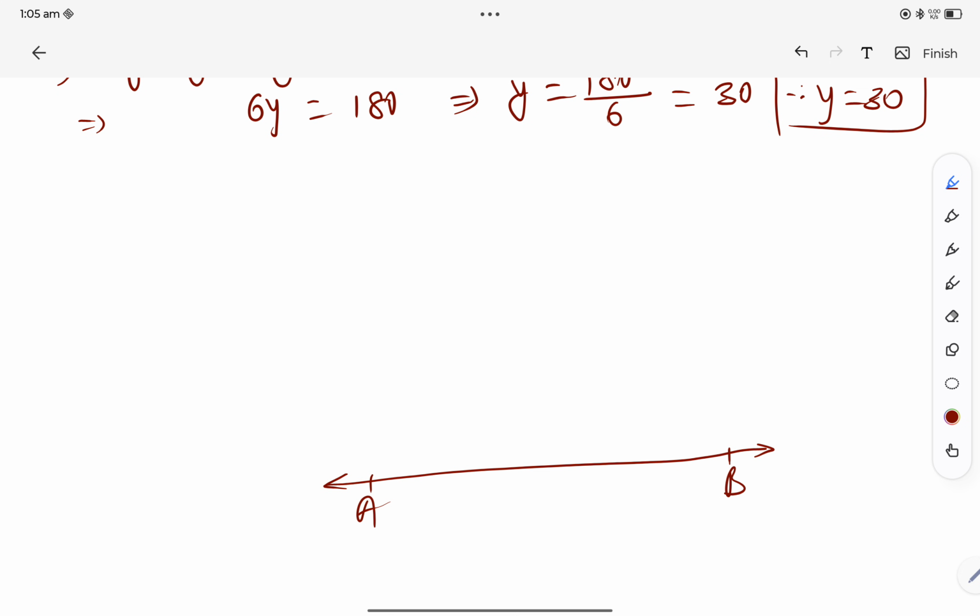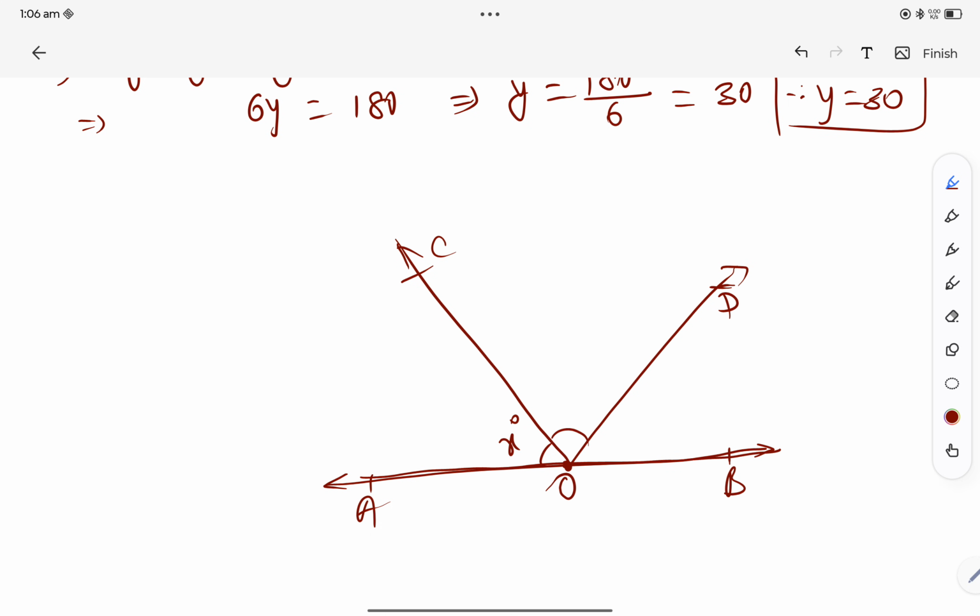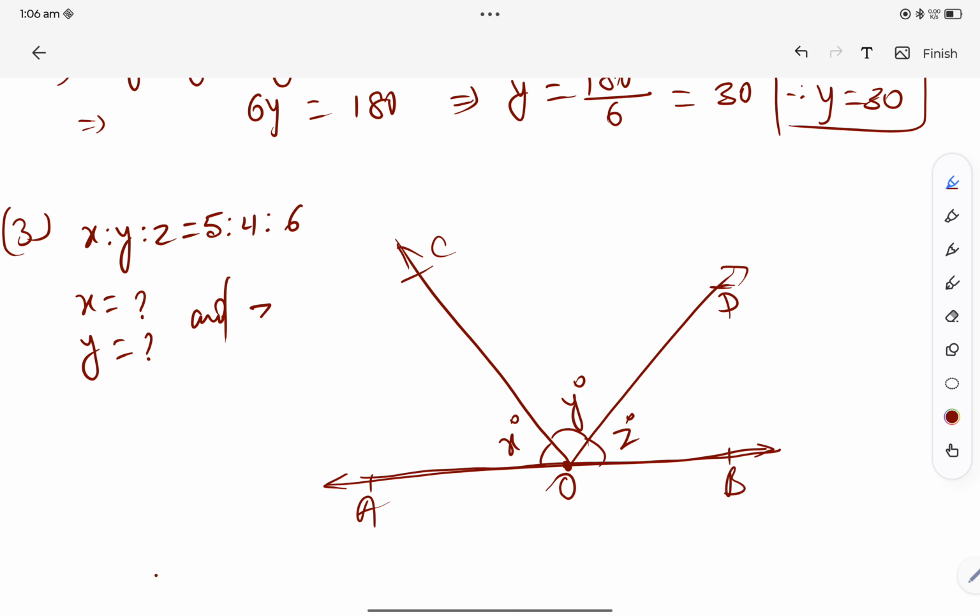This straight line is AB and two rays OD and OC stand on this line AB at point O, and given that this angle is x degrees, this angle is y degrees, and this angle is z degrees, and also it is given that x ratio y ratio z is equal to 5 ratio 4 ratio 6, and we have to compute the value of x, y, and z. So we have to find the values of x, y and z.